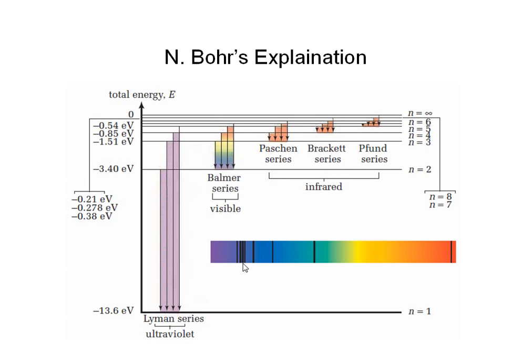So that is the second one from the right to the left. And then this is the third line, and it corresponds to this third line. And this fourth one corresponds to this fourth line.